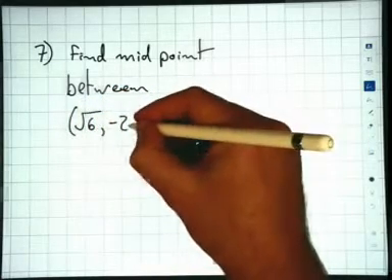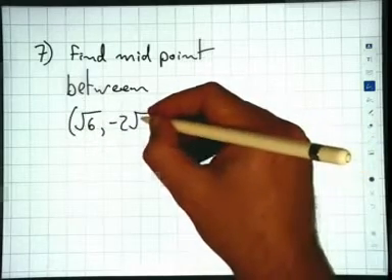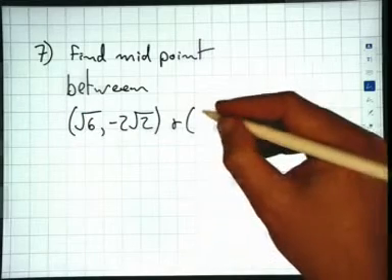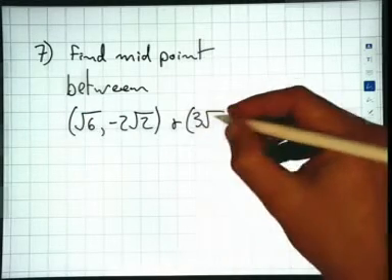Very similar in that we're dealing with endpoints that have these radicals, these square root values attached to them.